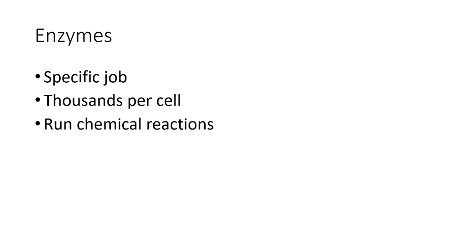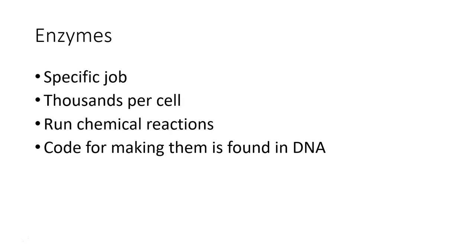That's what they do, but they only have one specific job to do. There are thousands of enzymes per cell. They're what drive all the chemical reactions because they do the work in the chemical reactions. Another important thing about enzymes is that the code for making them is found in DNA.